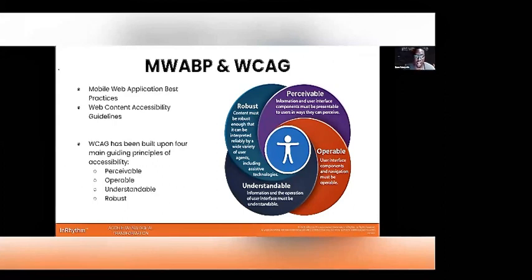WCAG was built on four core principles, starting with perceivable. This is the way that we design accessibility. It should be perceivable with either sight or sound. We should be able to perceive what's going on the screen with just VoiceOver.